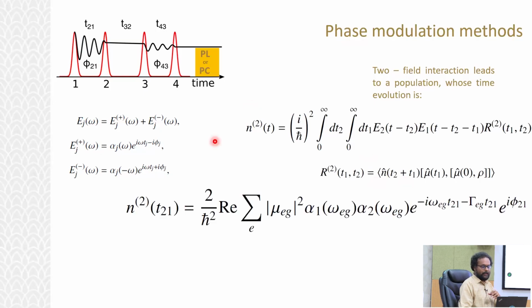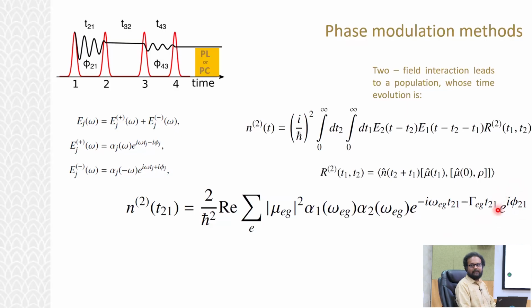Now if I write it out explicitly, and assuming a condition where there is a bit of phase difference between the two fields. If you look closely, there is a phase difference between these two fields. Now in that case, you will see this time evolution of my second order population has that phase difference between the two pulses encoded in it.